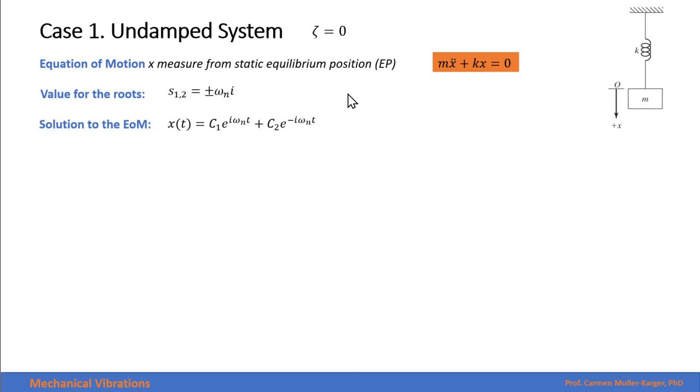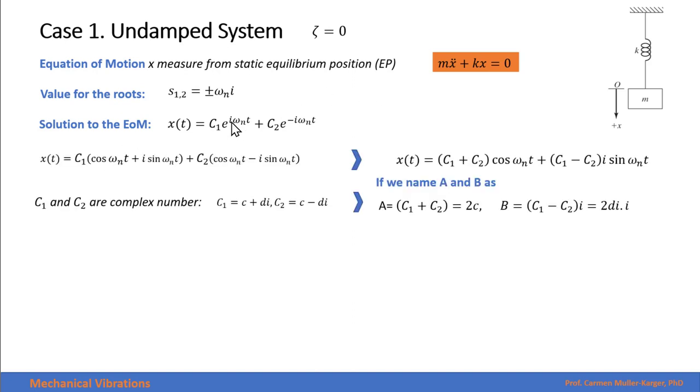If I apply the Euler formula, we can expand these exponentials in terms of sine and cosines in this way, right? And then if we put together the cosine and the sine, we see that the terms that go with the sine have the imaginary value.